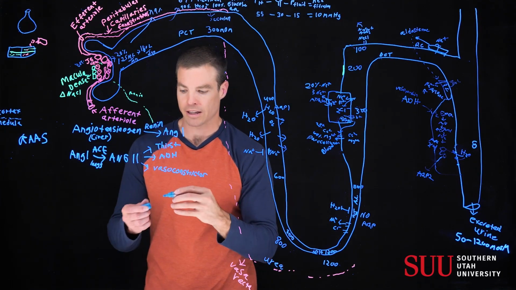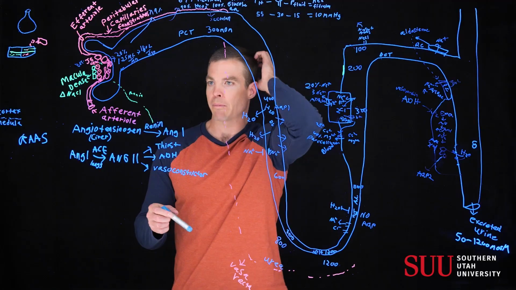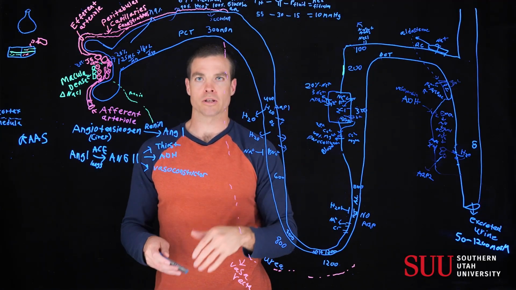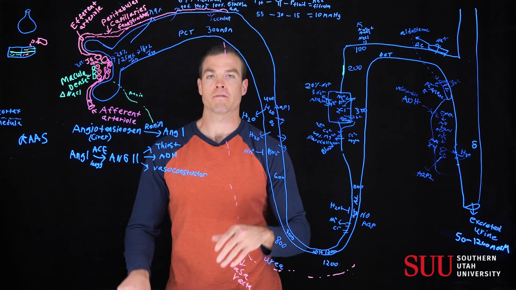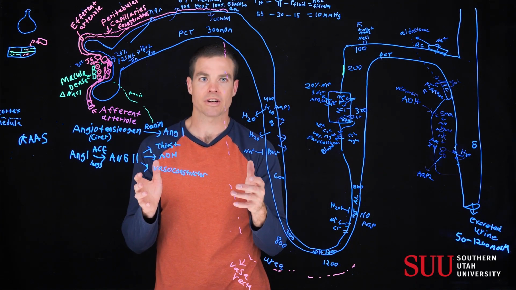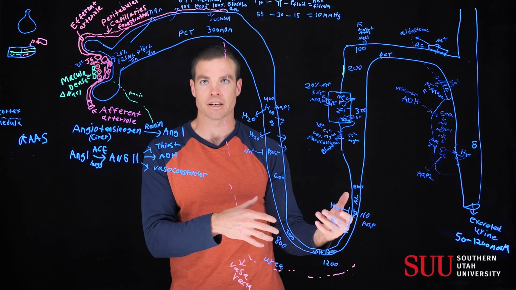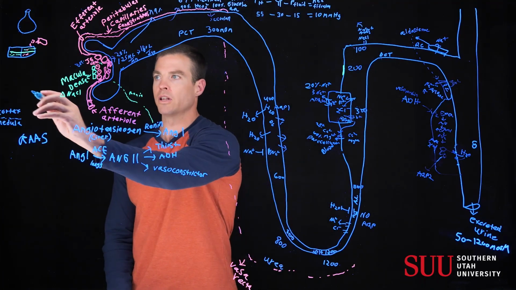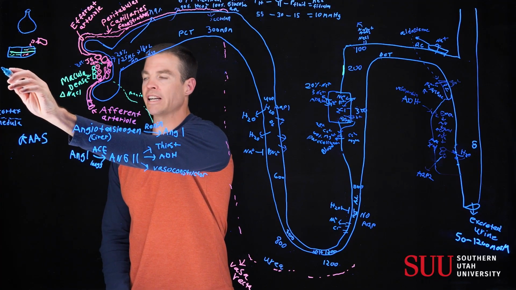Vasoconstrictor. And if we think about what's happening, all right, so let's say that you have a loss of blood volume, okay, your blood flow has decreased. Well, how are you going to sense that? If you have a lower blood flow because you're dehydrated, we can write this down. So let's say you have dehydration.